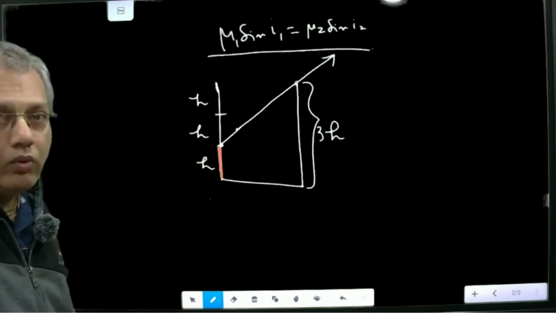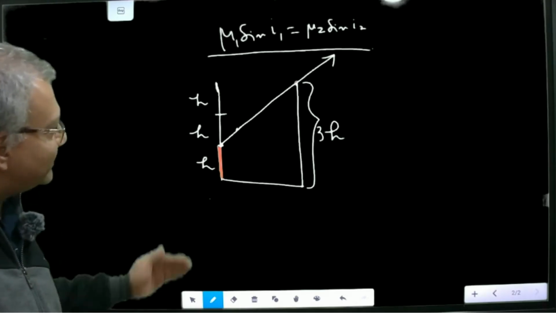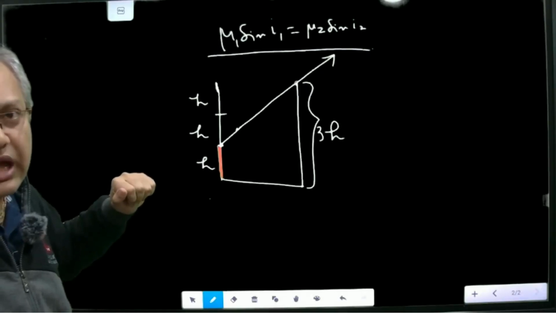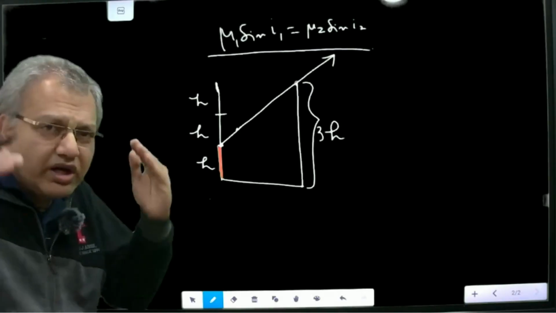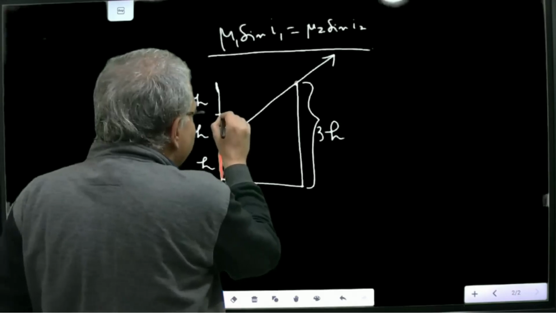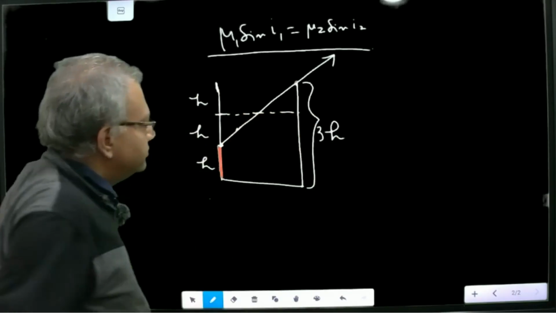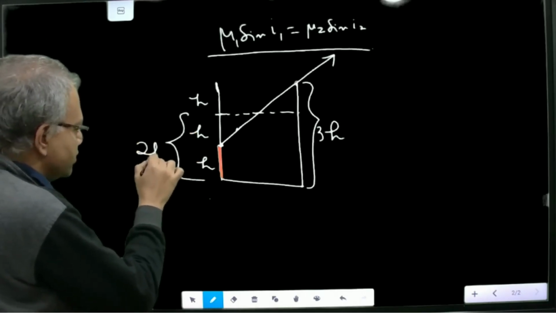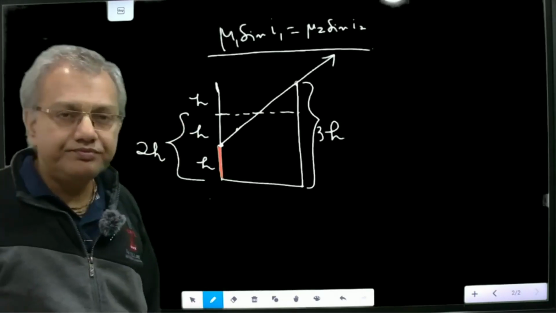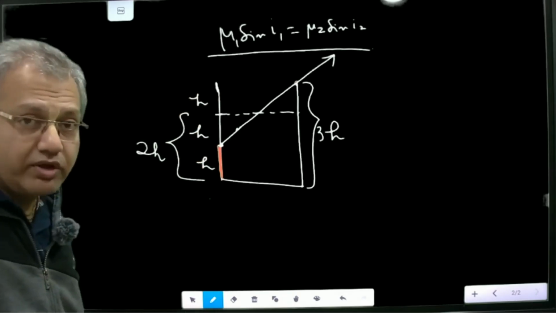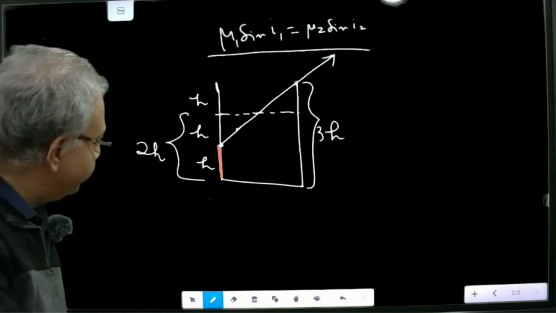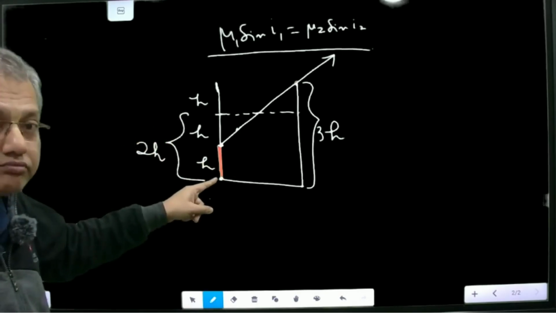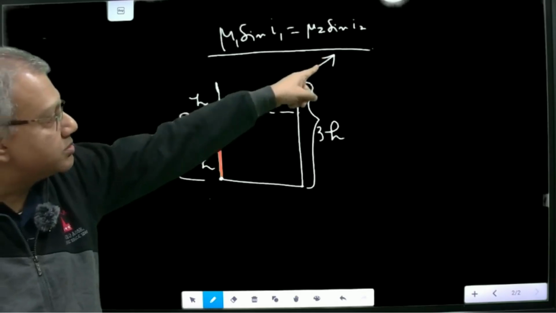Okay, now what the question is telling is that if I pour some liquid, suppose water, I fill it up to this 2h length. So what is going to happen here? We can see that the bottom point of the rod is visible through this point.